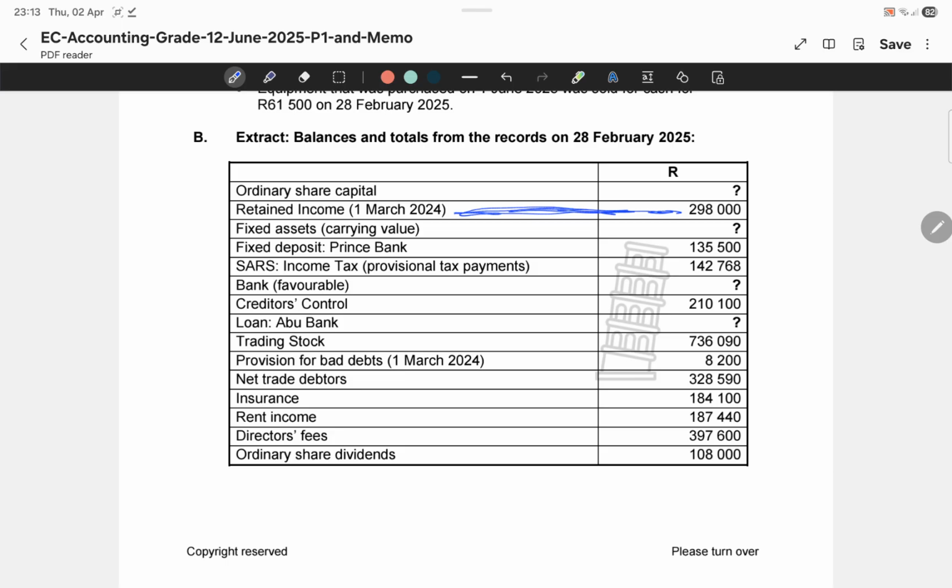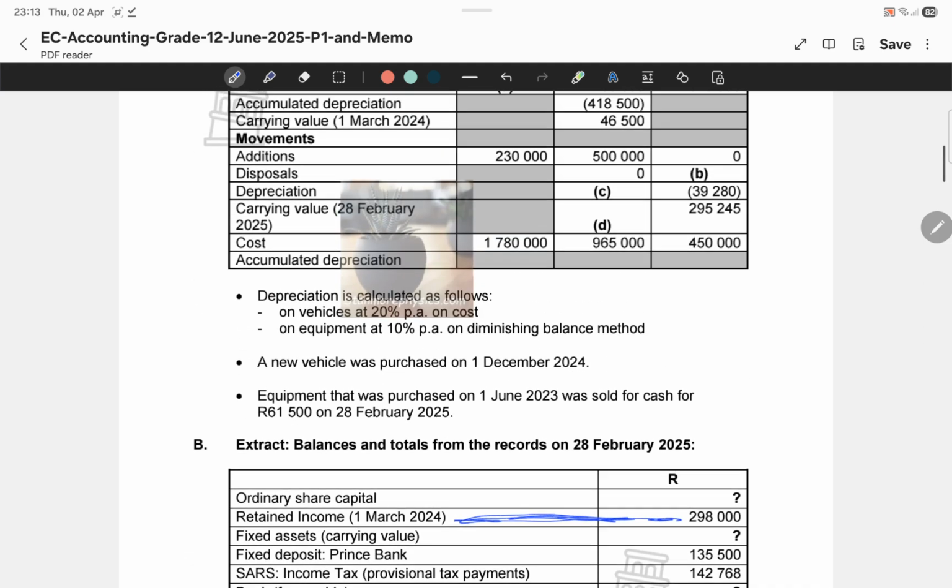They gave us 298,000, and in brackets it says 1st March 2024.